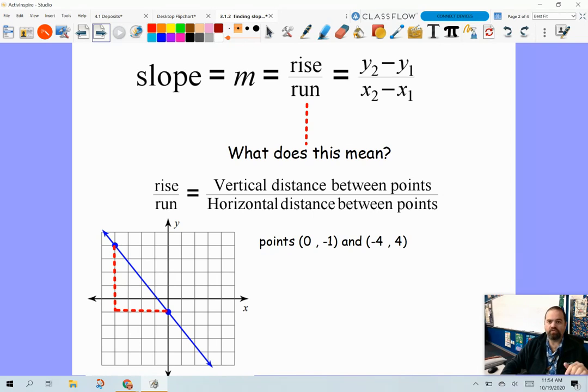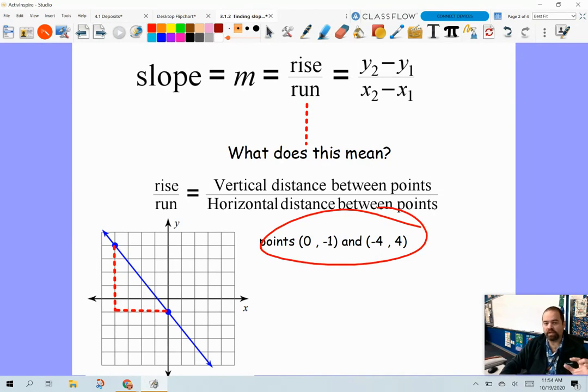When I ask you to find the slope of a line from a graph, which is all we're doing today, you need to be able to count between 2 points. You're going to count the vertical distance and the horizontal distance between the 2 points that I give you. I'm not going to give you the actual coordinates today. I'm going to give you a graph, with those 2 points graphed.